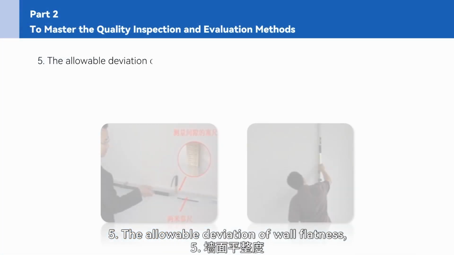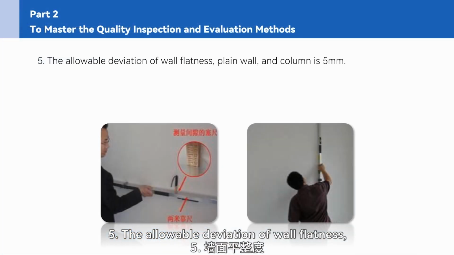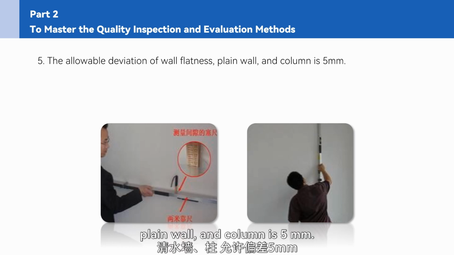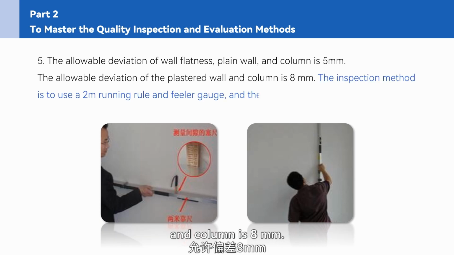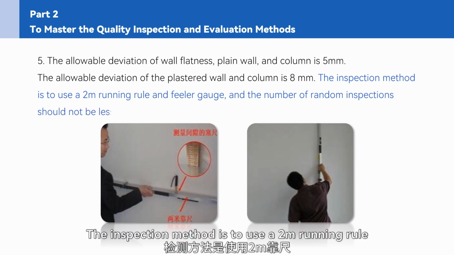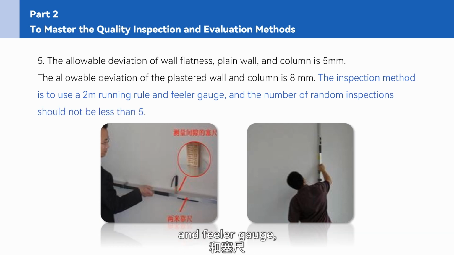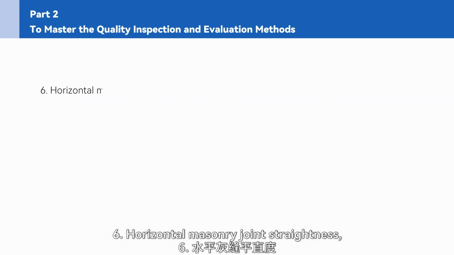5. The allowable deviation of wall flatness, plain wall, and column is 5 mm. The allowable deviation of the plastered wall and column is 8 mm. The inspection method is to use a 2 meters running rule and feeler gauge, and the number of random inspections should not be less than 5. 6.